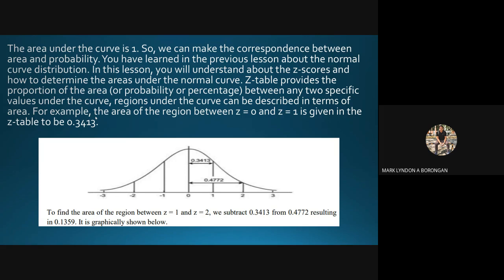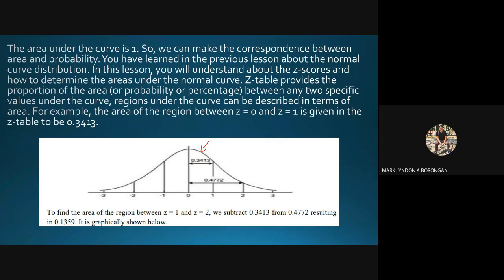So what this means, guys, is that our normal curve represents 1 as the total probability. But there are probabilities that specify only a certain area. Let's say for example the area from 0 up to 1, between 0 and 1.